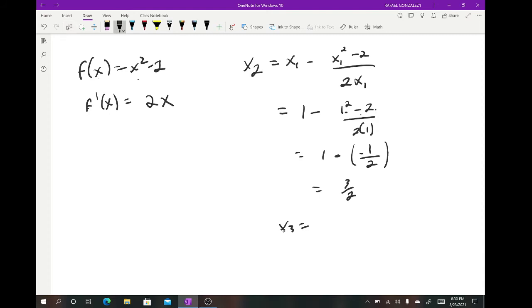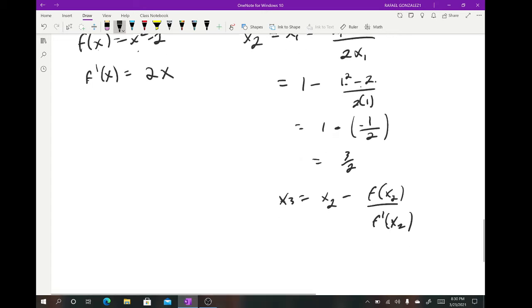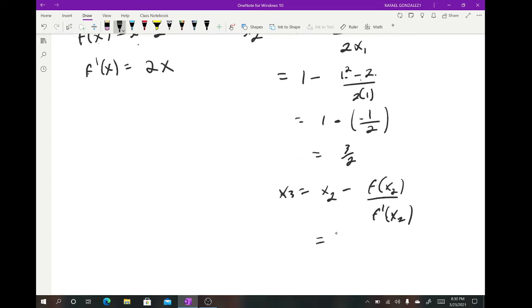What will the value of x3 be? Well, the value of x3 is going to be equal to the value of x2, because it's the one that came before it, minus f of x2 divided by f prime of x2. So we simply plug in here the value that came before it. We already know what x2 is. x2 is 3 halves. Let me redo this.